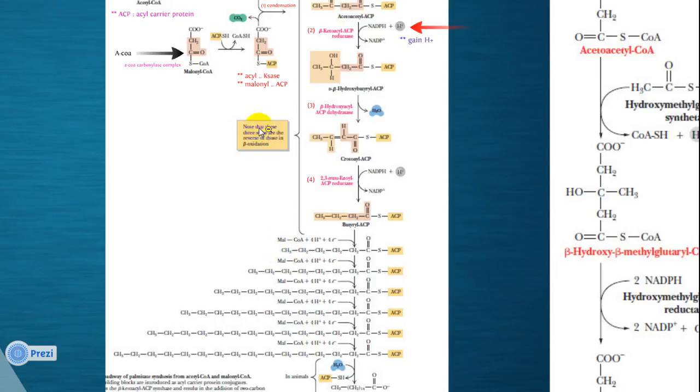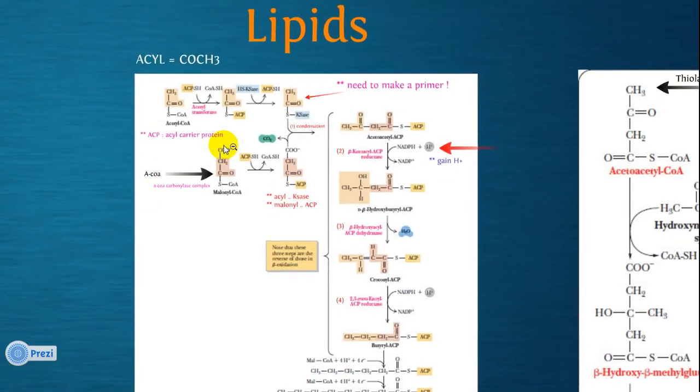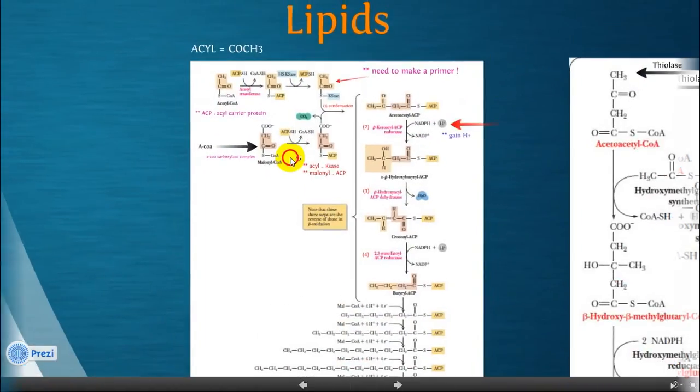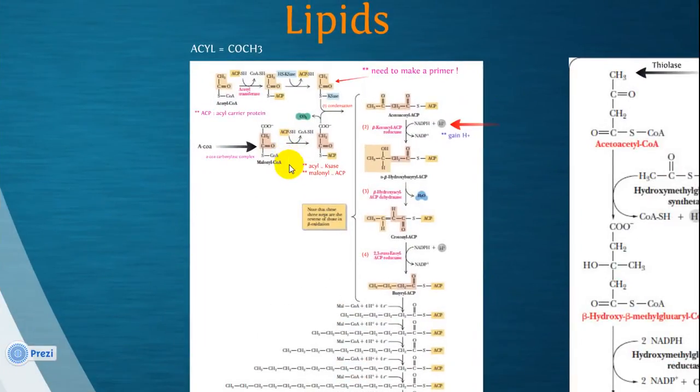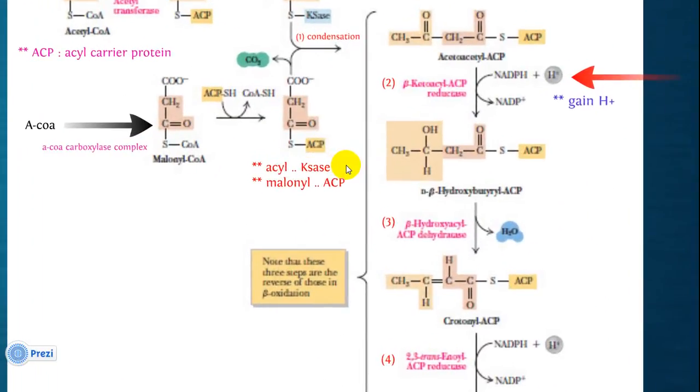So the idea of making lipids: first thing, we need to make a primer. Second thing, you need to add carbon atoms to this primer. So let's begin with the first half of this pathway and see how we can make the primer. Before going into the making of the primer, I need to make a small comparison between the anabolism and the catabolism.